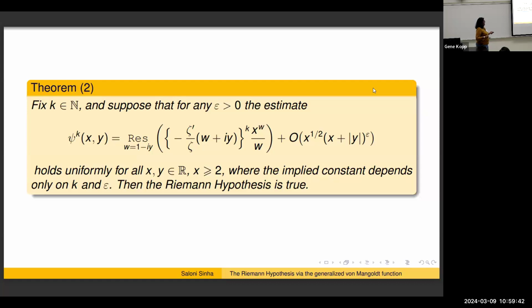So we have x plus absolute value of y to the power epsilon. If this holds uniformly for x, y, and r, x bigger than or equal to 2, where the implied constant only depends on k and epsilon, then the Riemann hypothesis is true. So this is for lambda power k, and we have basically similar statements for lambda sub k.